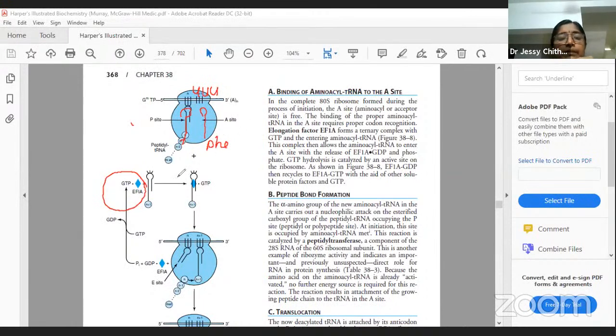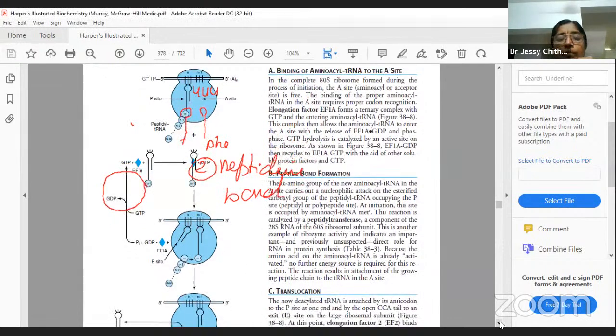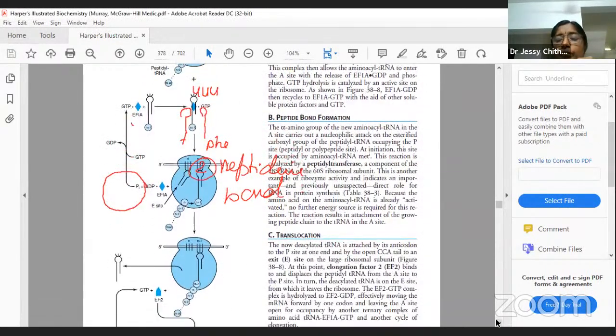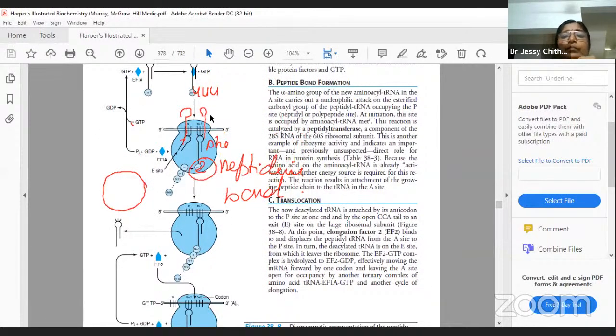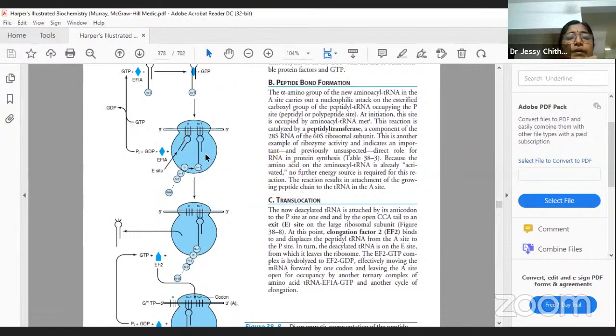The next step is peptide bond formation. What happens in this step?